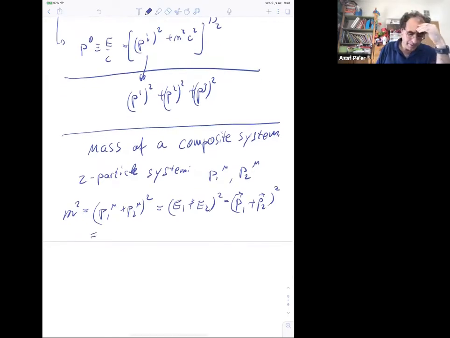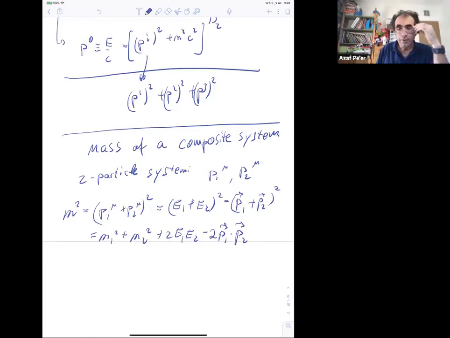So when you open it up, this is just M1 squared plus M2 squared plus 2 E1 E2 minus 2 P1 dot P2. So in particle physics, mass is not conserved. The mass of a system is not equal to a simple summation of the masses of the 2 particles composing it.